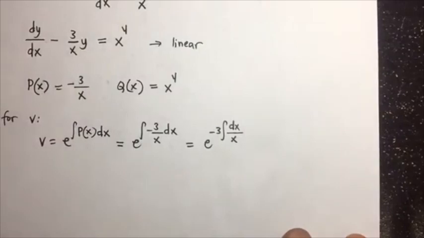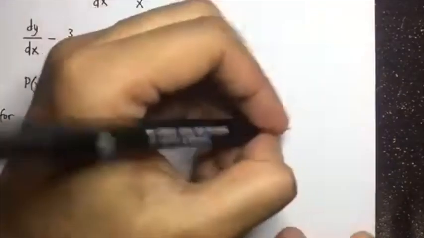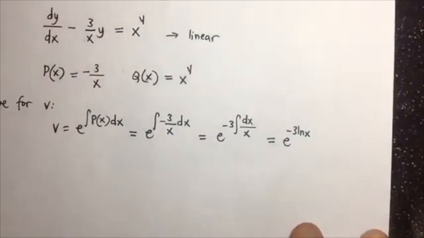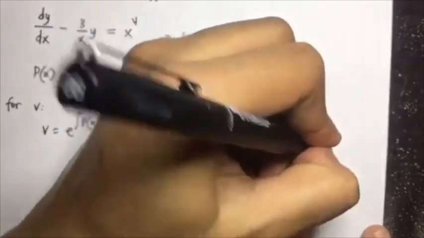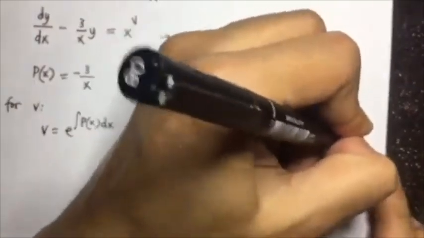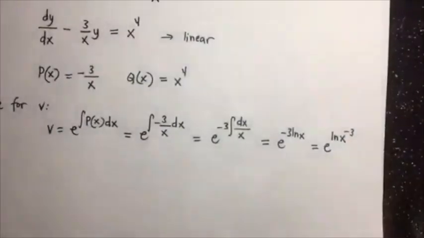Therefore v is equal to e raised to negative 3 ln of x, or e raised to ln of x raised to negative 3.